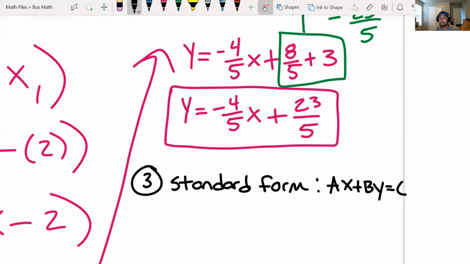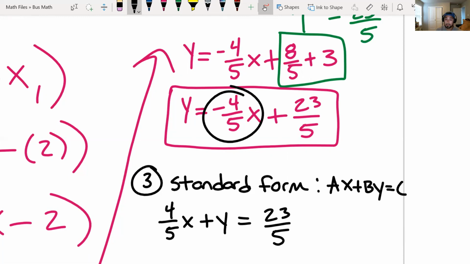So the first thing we're going to do is take negative 4/5 x and add it to the left side. So what we should have is 4/5 x plus y equal to 23 over 5. So that's all I did. I took this 4/5 and added it to the right side, which became that. That's it.